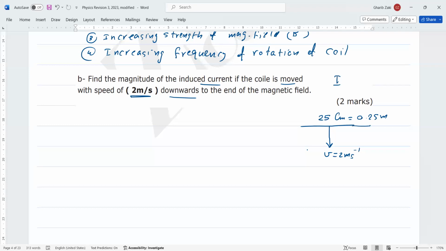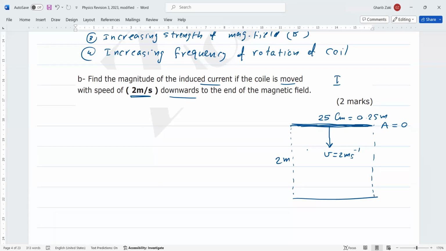So at the beginning, can you see? At the beginning, there is no area. It is just the wire. So the area at the beginning is 0. When it moves down 2 meters per second, it means it moves 2 meters in 1 second. So this is the movement.